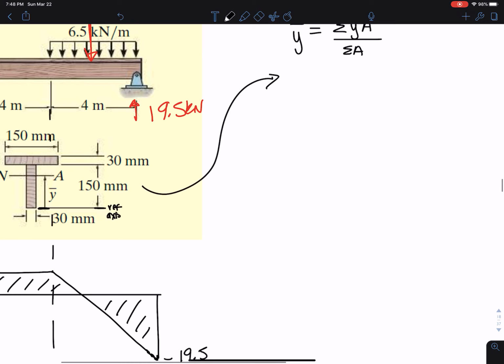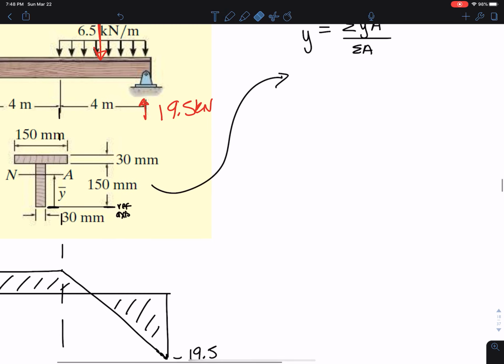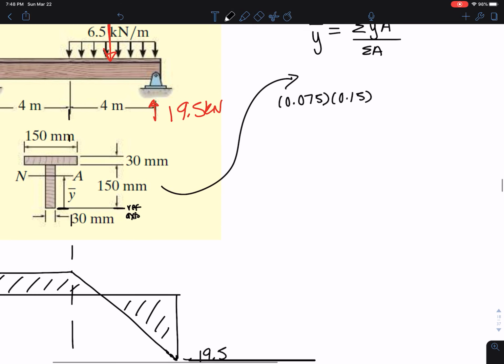Let's calculate all of these values. We get 0.075 times 0.15, that's half of this 150, and then times 0.03, which is the 30 millimeters, plus 0.165 times 0.03 times 0.15.